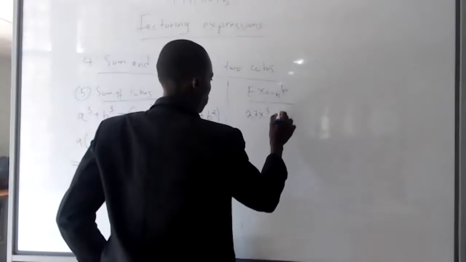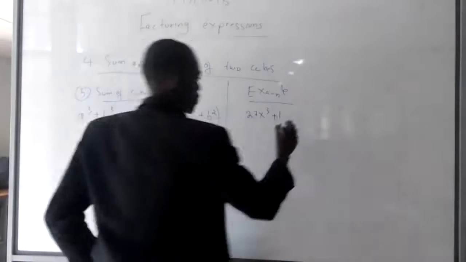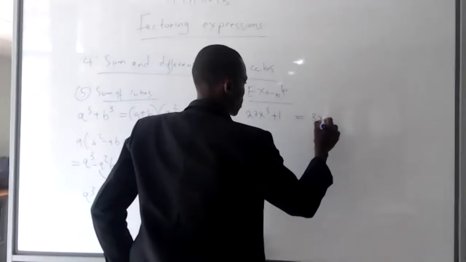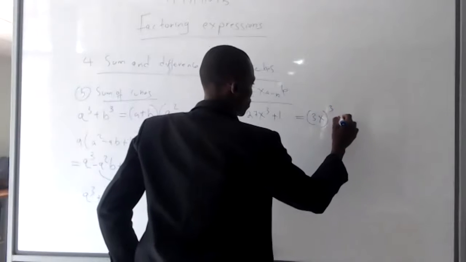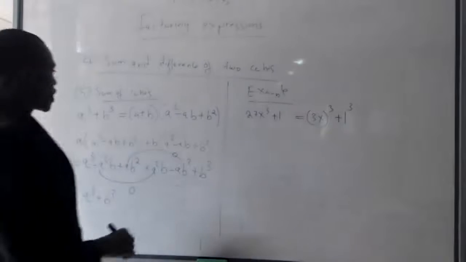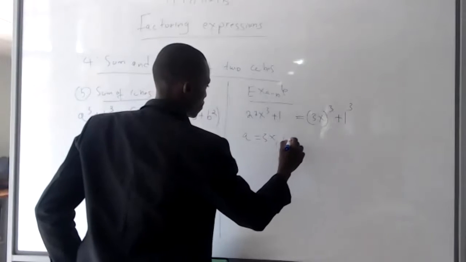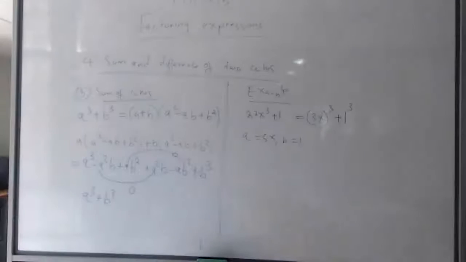For example, we can do 27x cubed plus 1. In the previous example, we did 27x cubed minus 1. So you can write this as 3x cubed plus 1 cubed. Then a is 3x, b is 1.